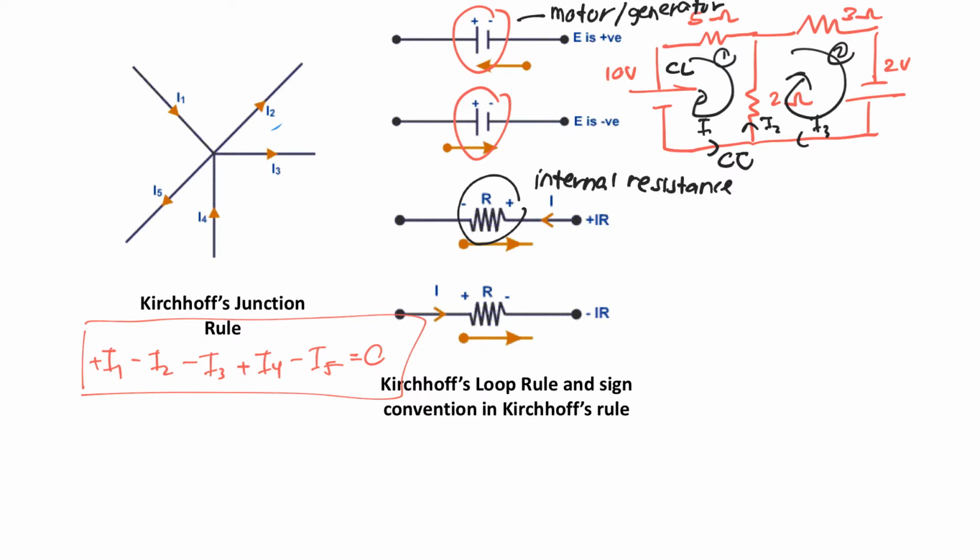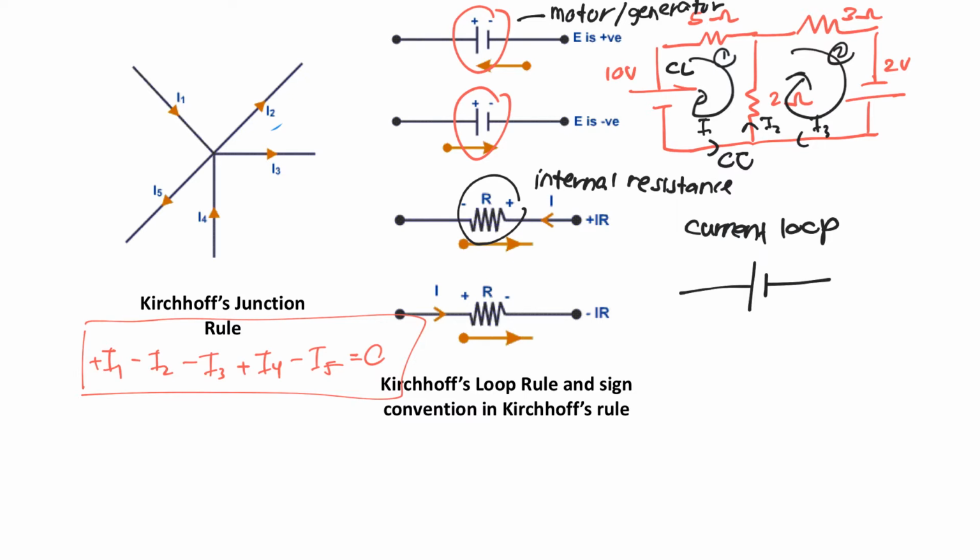So first thing first, for the potential difference for the power supply, what you need to look at is the loop. You need to look at the current loop, not the current circuit.